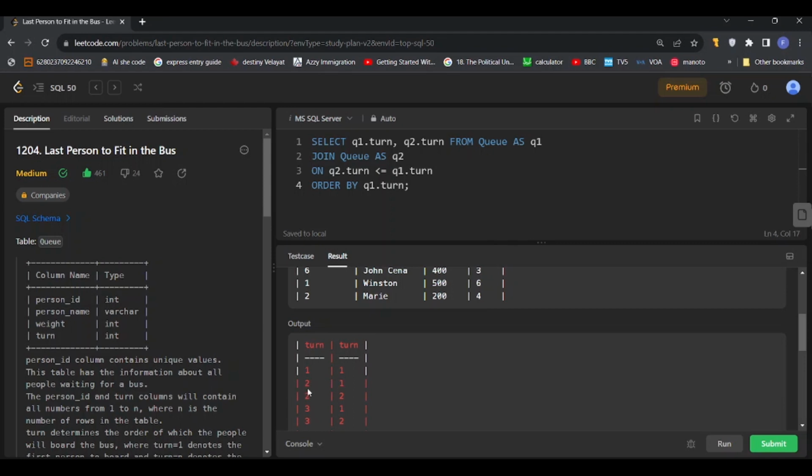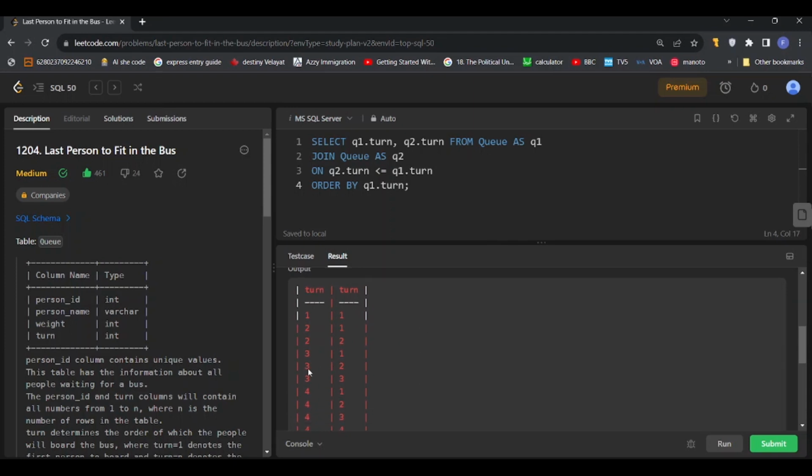So there are 2 entries for turn number 2. There must be 3 entries for number 3 because we're grouping it with the first person and second person and third person. And as we go on, we see that for the 6th entry there are 6 people before person number 6. Actually, we are including person number 6.